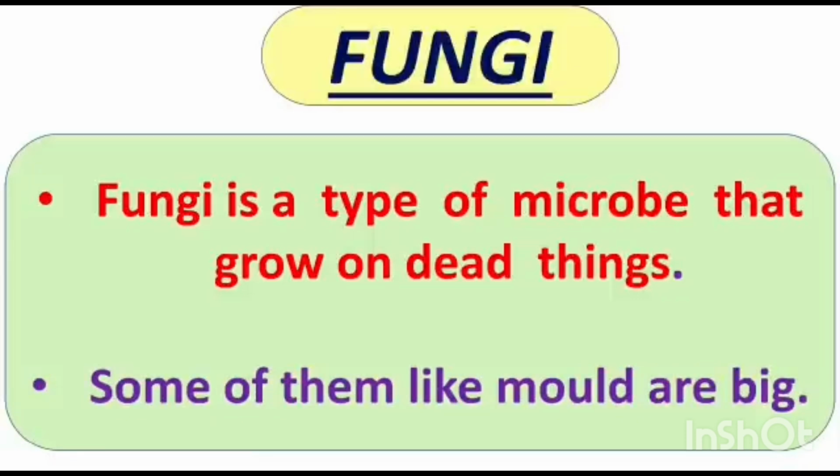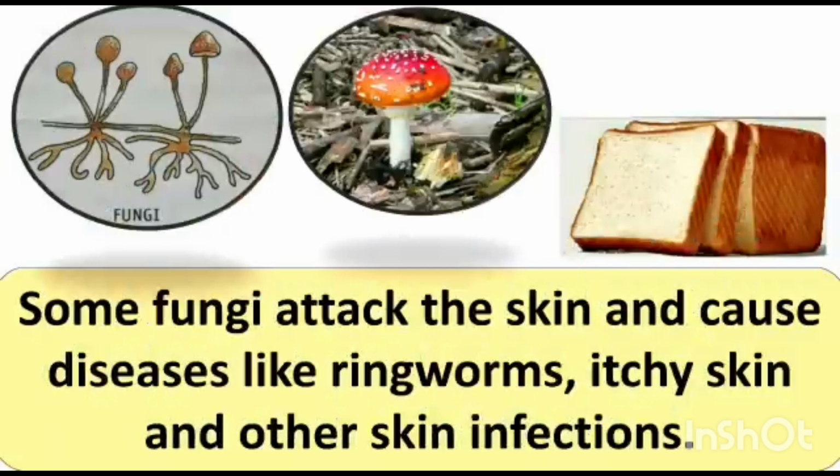Molds grow on plants, wood, fabric, and also on food like a slice of bread. Some fungi attack the skin and cause diseases like ringworm, itchy skin, and other skin infections.